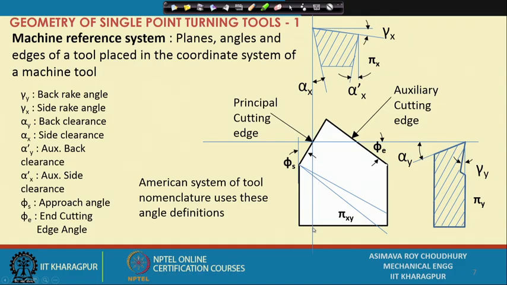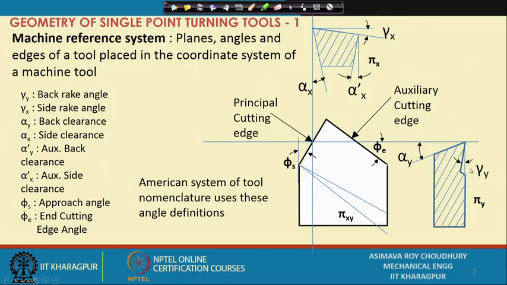This is the machine transverse plane. So, the machine transverse plane, which is pi y, I cut it and I get a section of the tool and I draw that section here. When I am drawing this section, two angles appear and I name them gamma y and alpha y.